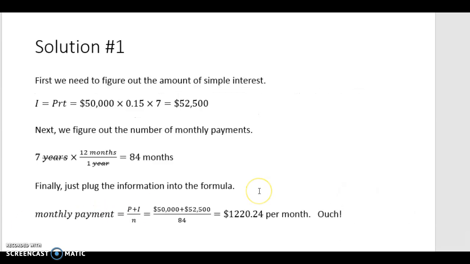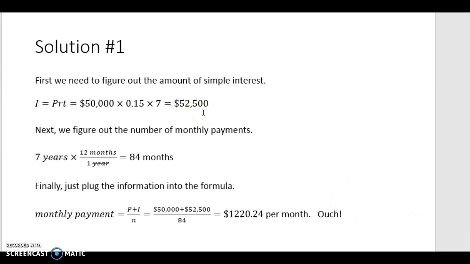All right. So first we need to figure out the amount of the simple interest here that's charged over that 7-year period. So the simple interest formula is I is equal to PRT. P is the amount of the loan, the $50,000, times our 15% interest rate times 7 years. So that's going to be $52,500 you're going to be paying in interest.